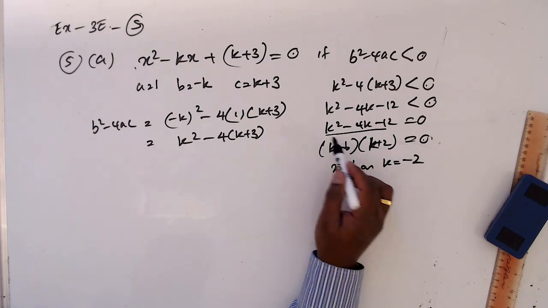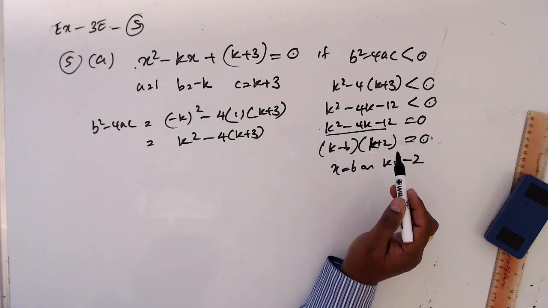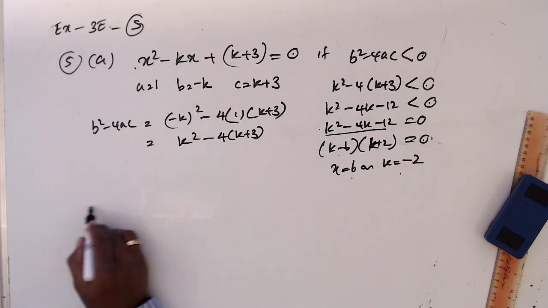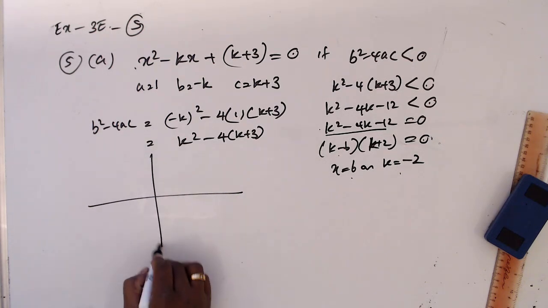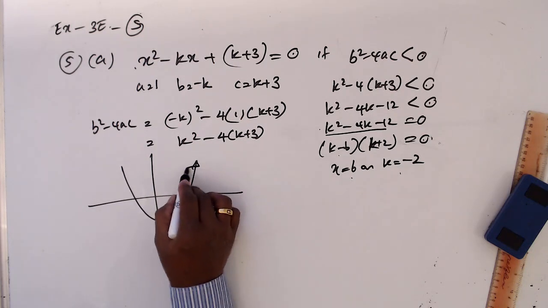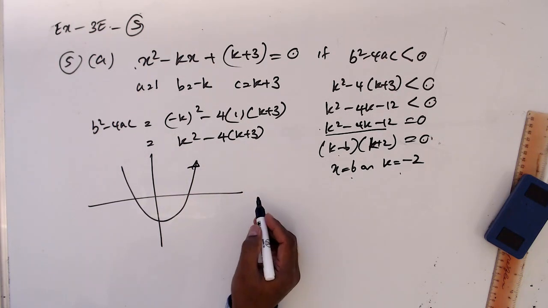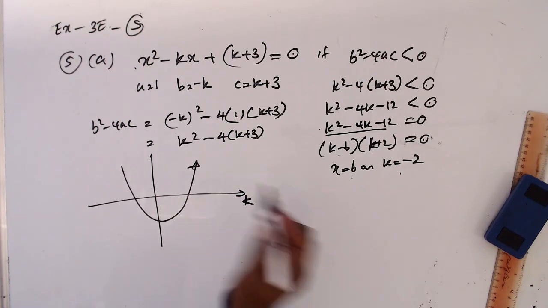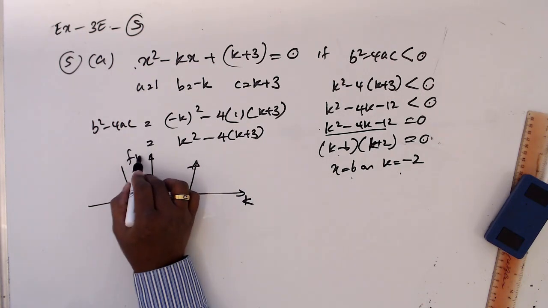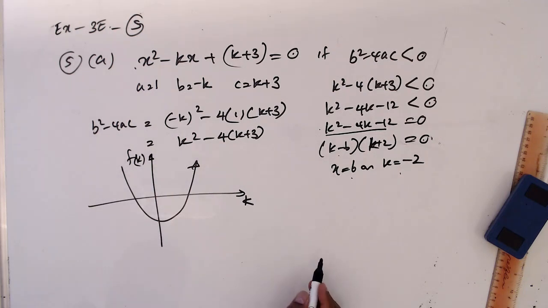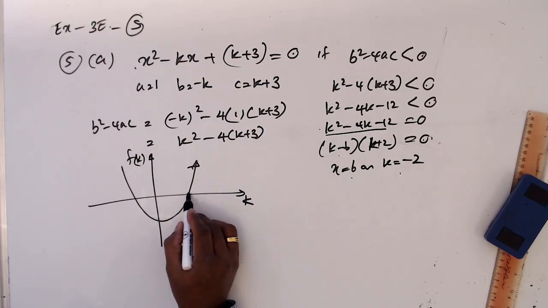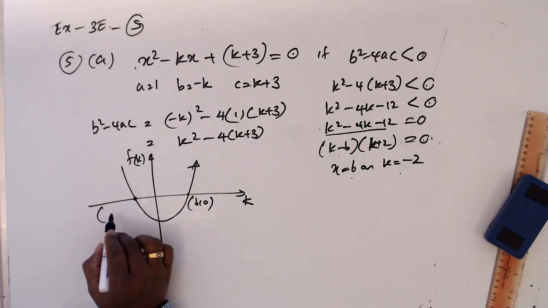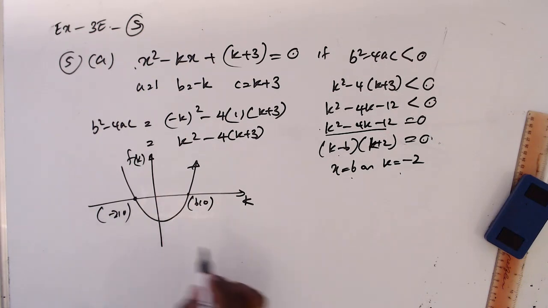Now, this is a quadratic equation with k variable, and it has a minimum, and roots are 6 and minus 2. So this axis is k, and this is function of k, and this is 6, 0, and this is minus 2, 0.